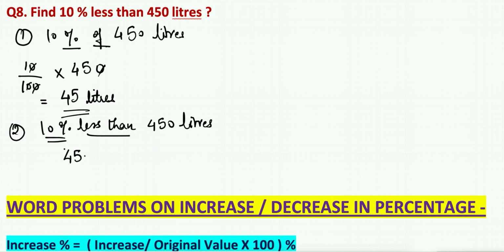So 450 minus 45 comes to 405 liters. So 10% less than 450 liters is 405 liters. In the earlier question it was more than, so we added the percentage answer, and here in this question it is less than, so we have to subtract it.